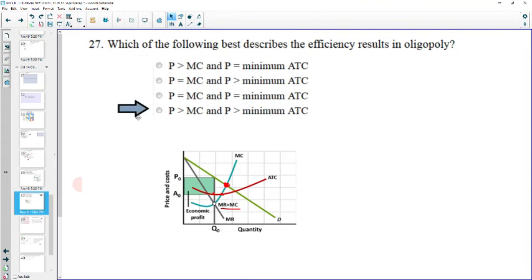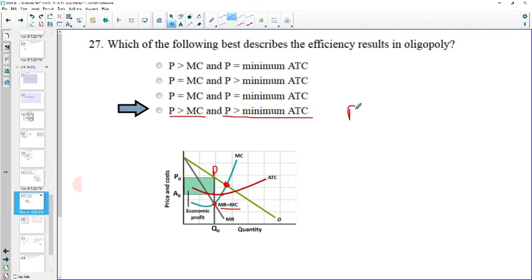Price is greater than marginal cost. The price from the demand curve is above the marginal cost from the marginal cost curve. We are allocatively inefficient. The price that we're charging should be equal to marginal cost, we should be here where we're meeting, it's not going to equal the minimum average total cost.